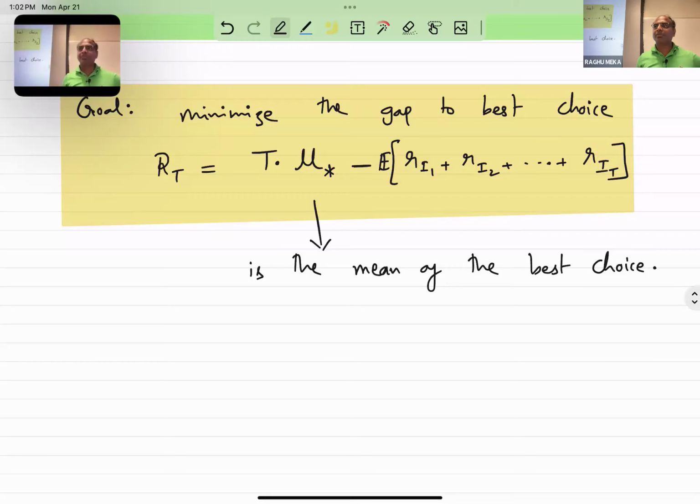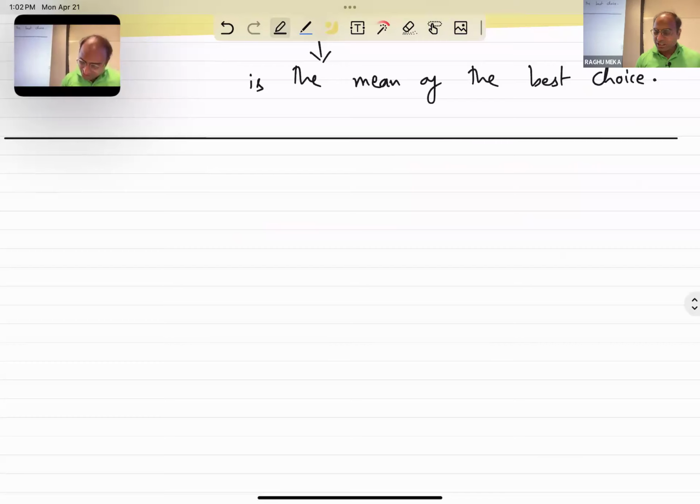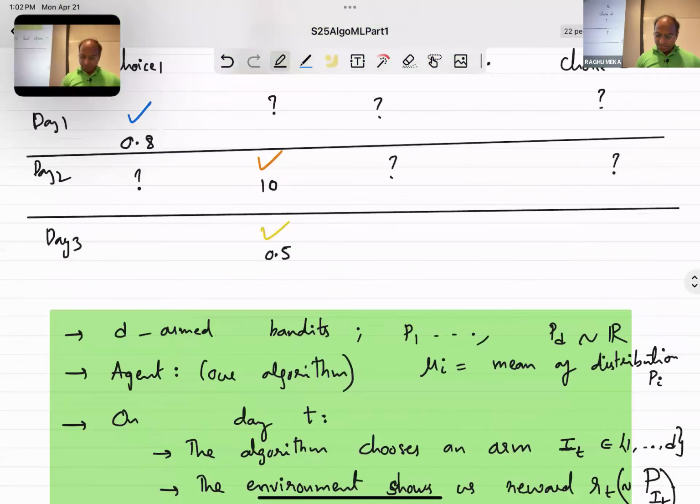Compared to the multiplicative weights framework and learning with experts, once you get to the bandit setting, there's an immediate dichotomy that arises in any algorithm. Just go back to this setting.